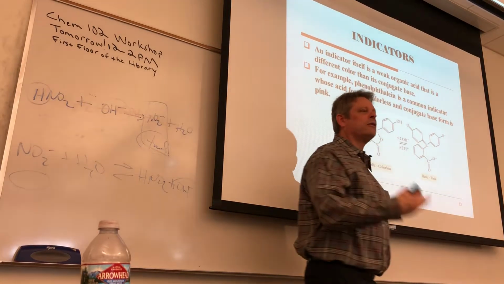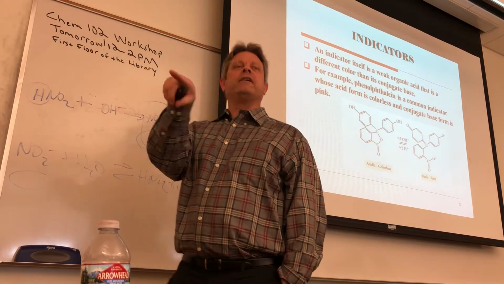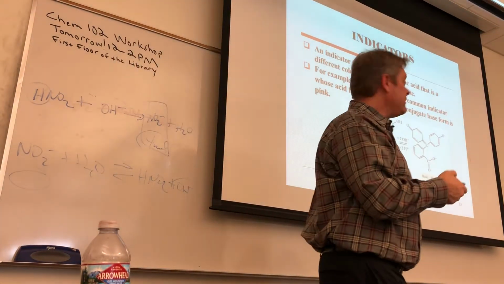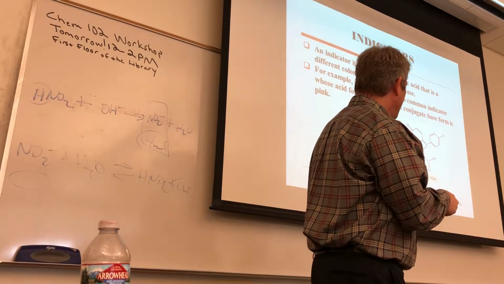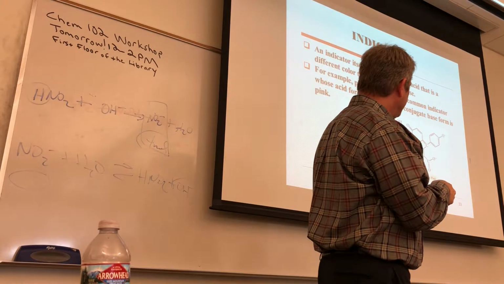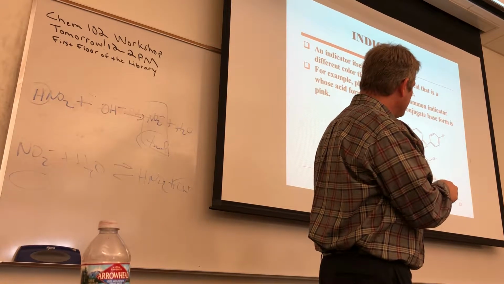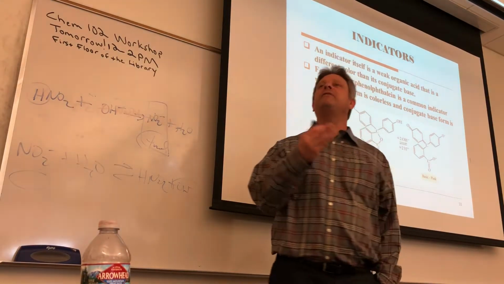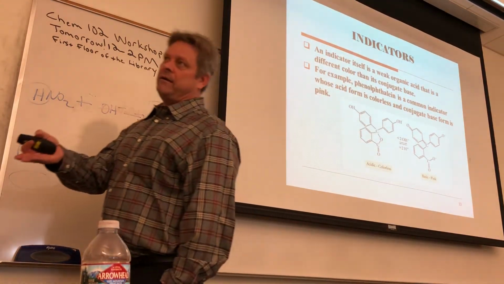You'll learn how those things occur next semester. Can you reverse it? Yes. If I put this into an acid, the hydrogens could bind here, this could bind to hydrogen, and these would rearrange back. And if you didn't know that, how would you know that?